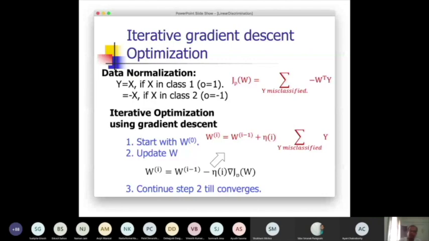It converges. That means the change in weights should be very small, within some specified limit. Then you can stop. So this is how this algorithm is considered, and this could be taken as a constant, or you can have also some other policies.